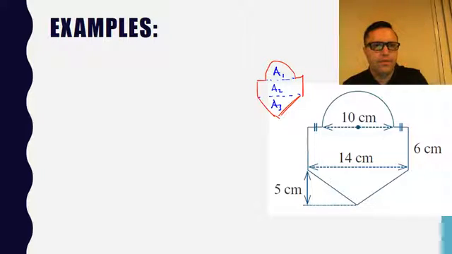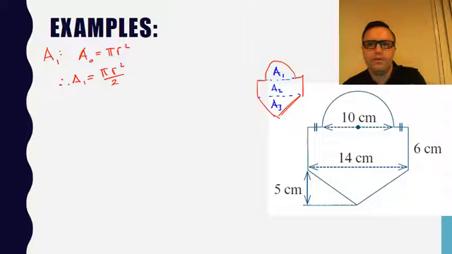First thing we're going to do is work out area 1. The area of a circle is equal to pi r squared. Therefore our area 1 is going to be pi r squared over 2 because it's only a semicircle.